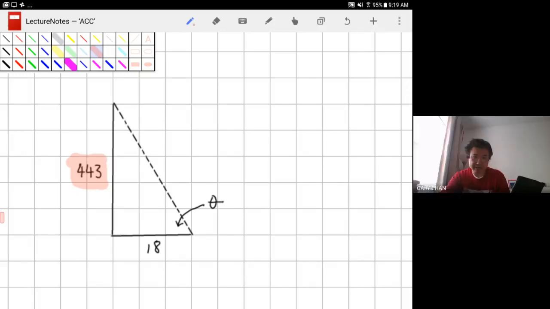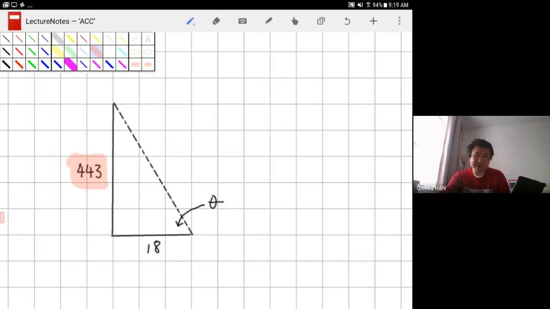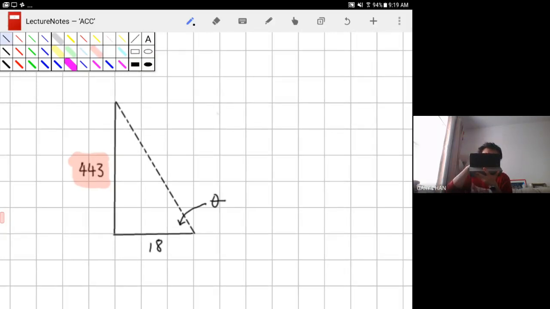When I say facing, I mean is it opposite of it? Yeah, it's opposite. So 443 is opposite of it. It's facing it, okay? I'm just going to name that out, so 443 is opposite.